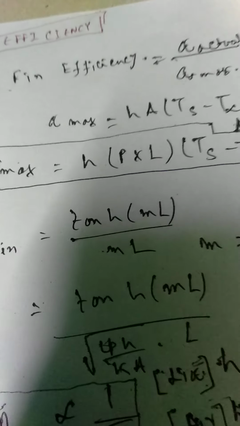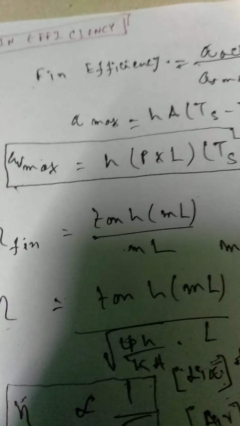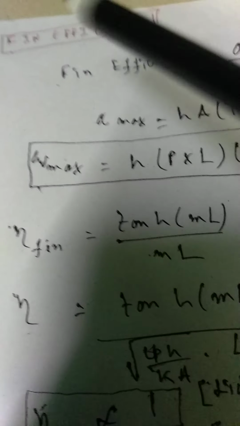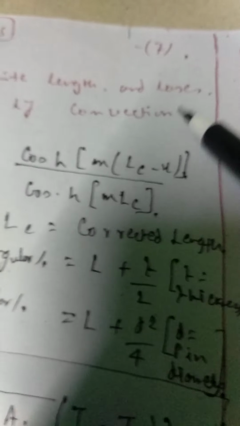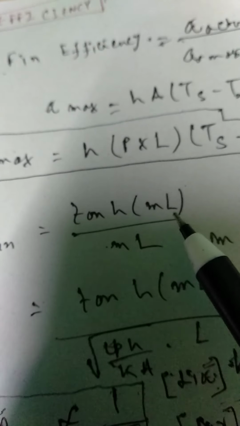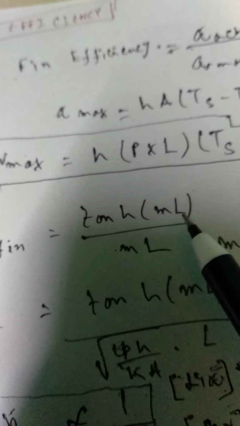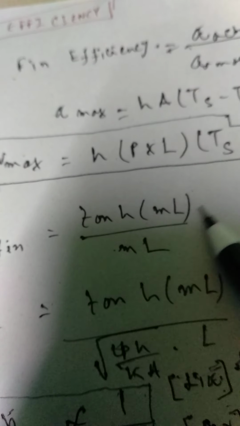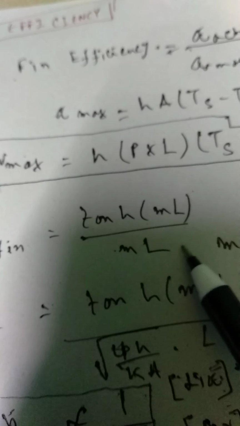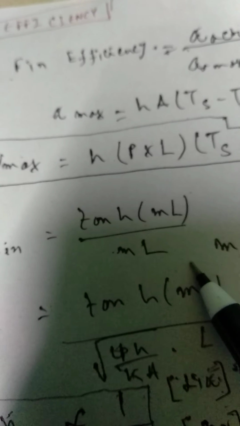Now we'll see the efficiency of the fin for this third case, which is for finite length and which loses heat through convection. For that, this L has to be changed to this Lc, which is the corrected length.